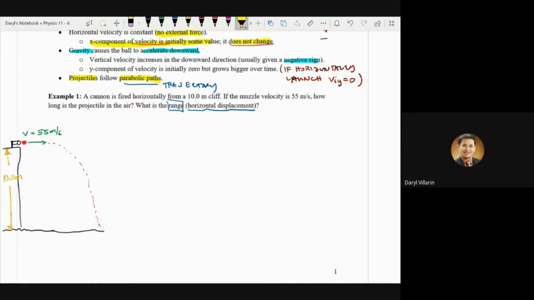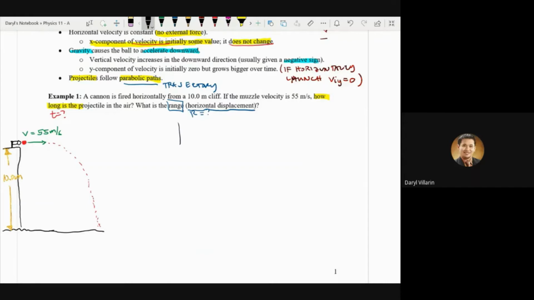You have the two questions here. First one is how long is the projectile in air? So that pertains to time, and the range. So you're solving for the range. So you have two questions here. So the strategy in solving projectile motion, you try to separate at least the things that you know.